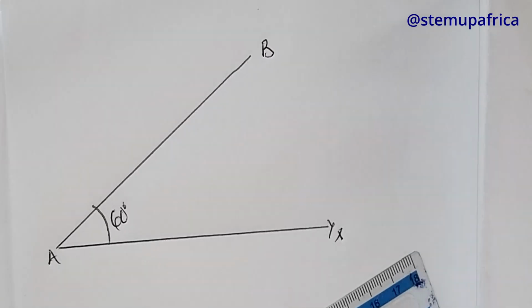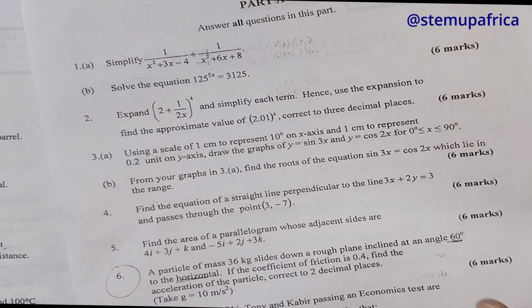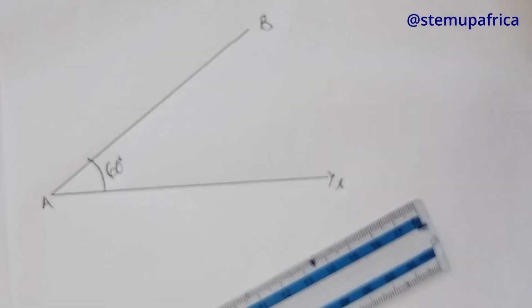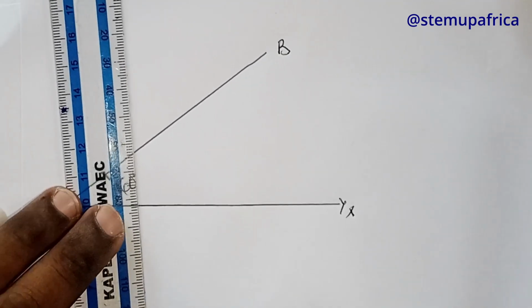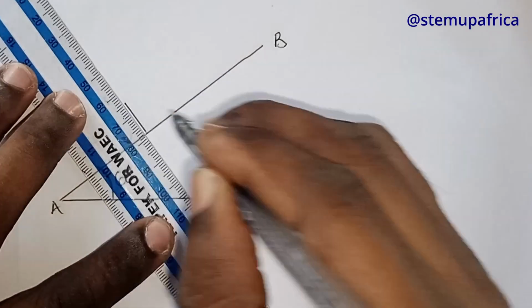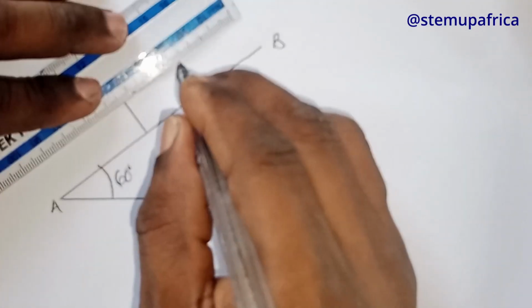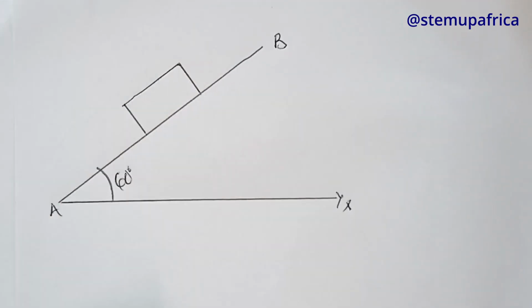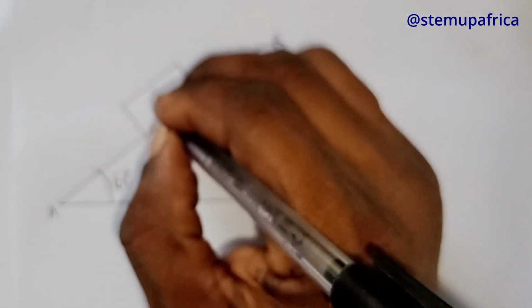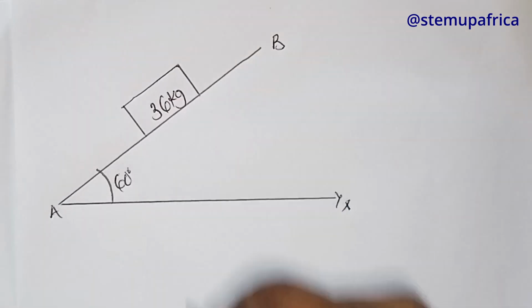The particle of 36 kilograms is resting on the plane. So let's indicate the particle on the plane. Let's say this is the particle, and the mass of this particle is 36 kilograms.